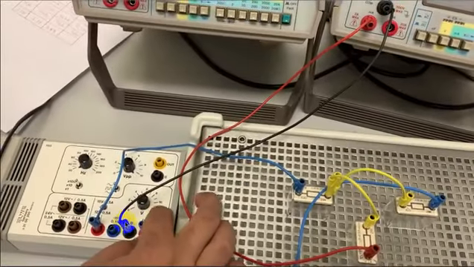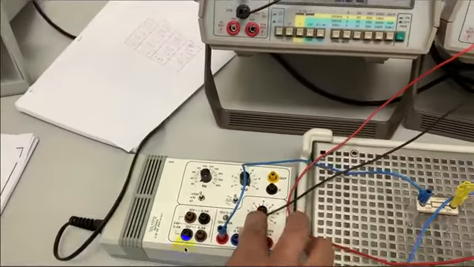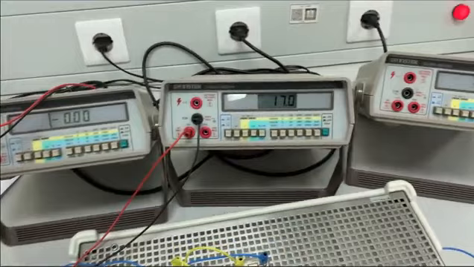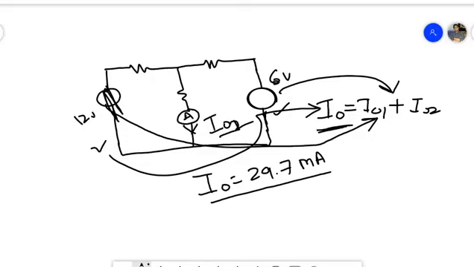Remove this and connect it here, to the common point. So you can see this is I naught 1. Here I naught 1 is 17 milliampere. This is I naught 1.